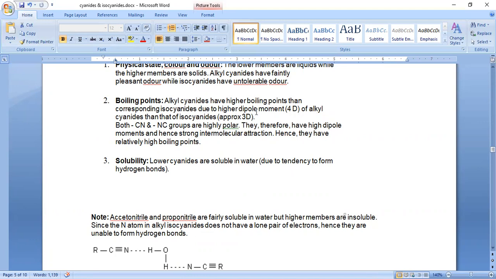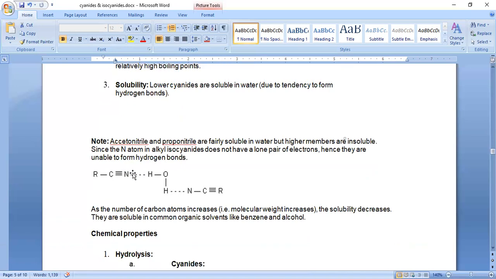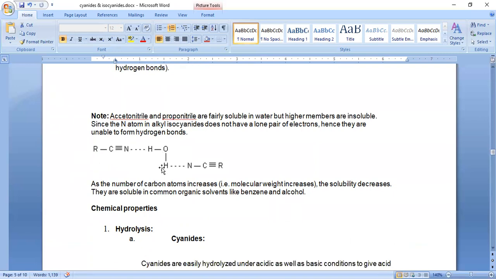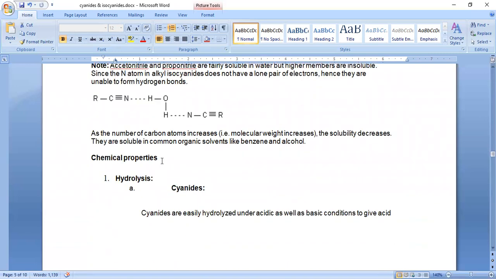Next, solubility. Lower cyanides are soluble in water due to the tendency to form hydrogen bonding. Look at this: lower alkyl cyanides dissolve in water due to formation of hydrogen bonding between the cyanide molecule and the water molecule. Thereby cyanides are soluble in water.